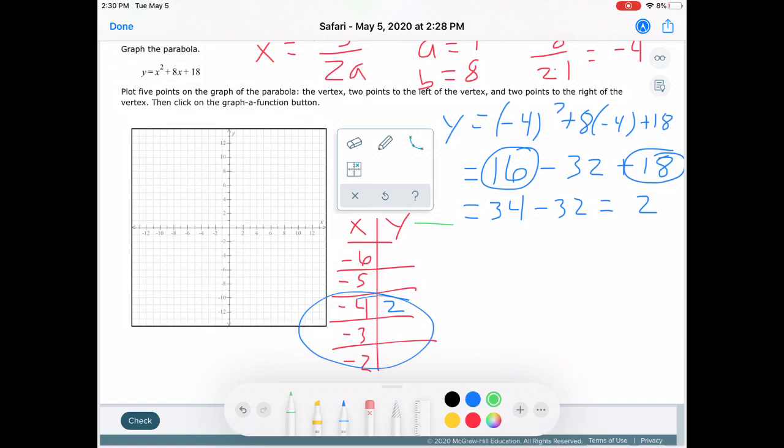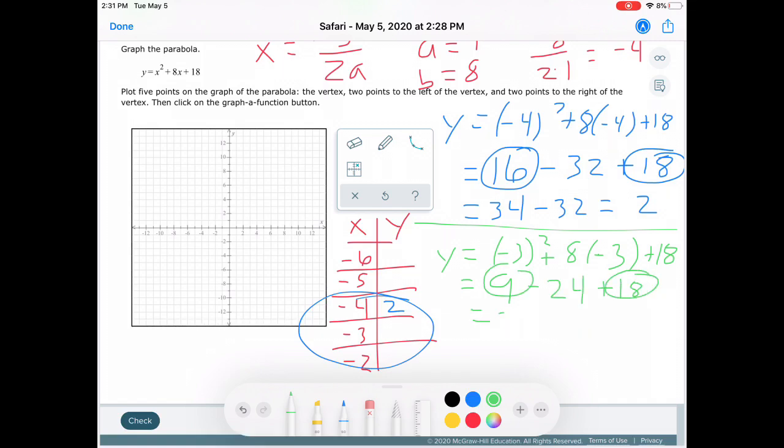Let's go ahead and do the next problem, where we're going to substitute negative 3 in for x. Negative 3 squared is 9. And then we have negative 24 plus 18. Adding those positives together once again, we get 27. And 27 minus 24 is 3.